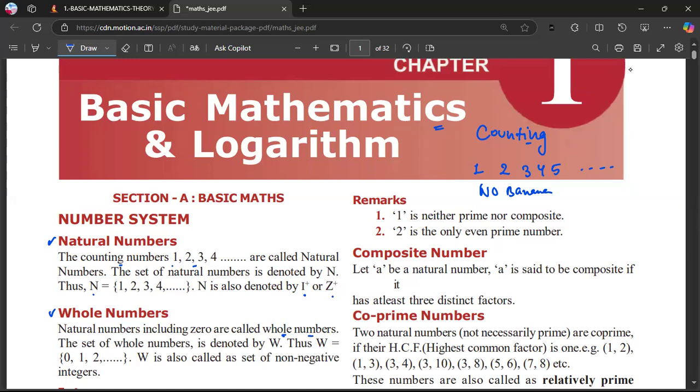The set of whole numbers is denoted by capital W. Thus, W is 0, 1, 2, 3, 4, 5, 6, 7, 8, 9, 10, 11, and it goes on. W is also called the set of non-negative integers. We are going to further discuss what integers and non-negative integers are. Is everything clear about whole numbers? Yes, sir.